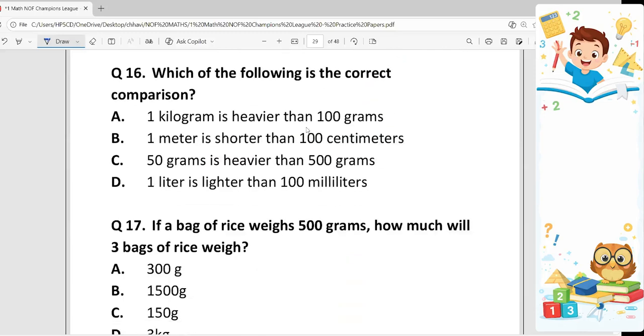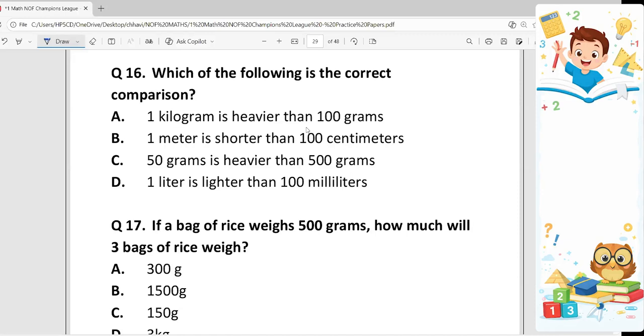16th question. Which of the following is the correct comparison? Now we have to find the correct comparison. 1 kilogram is heavier than 100 gram. 1 meter is shorter than 100 centimeter. 50 grams is heavier than 500 grams. And 1 liter is lighter than 100 milliliter.